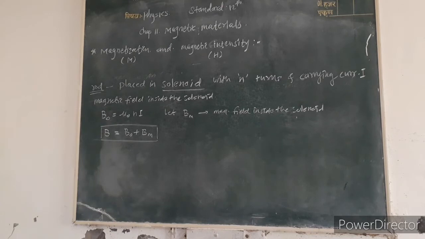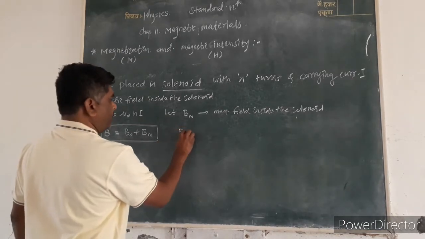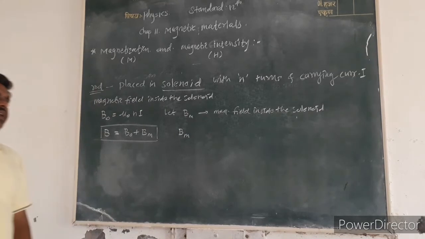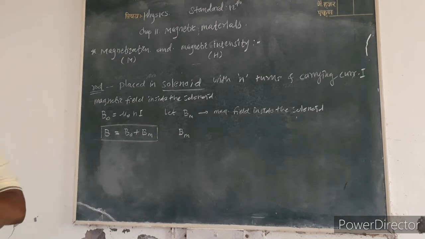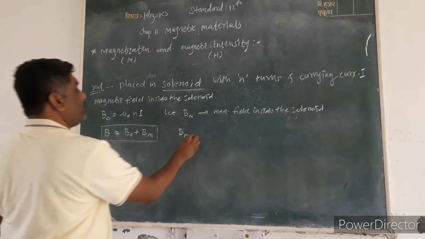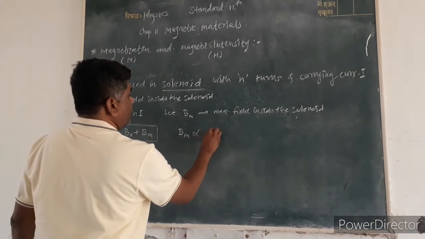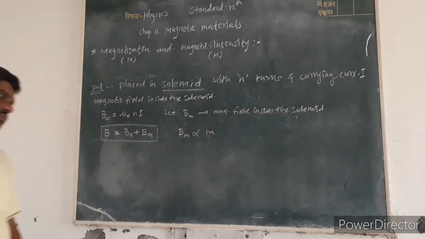Also, it is observed that Bm, the magnetic field due to the material inside the solenoid, is directly proportional to magnetization.